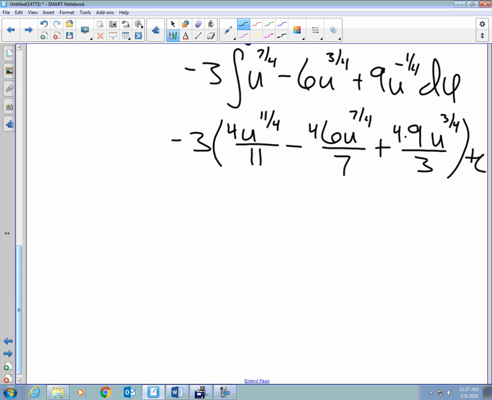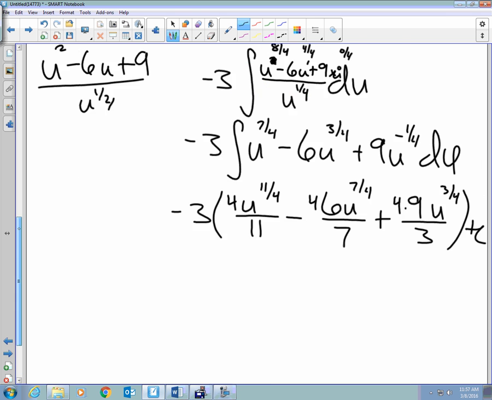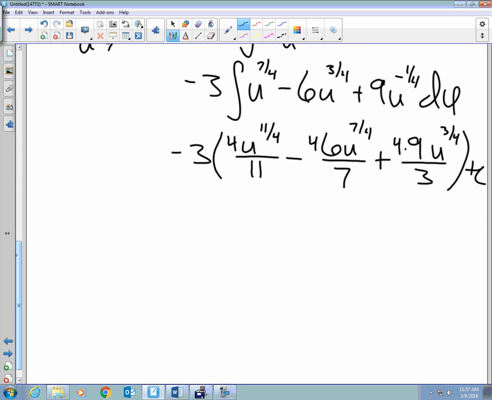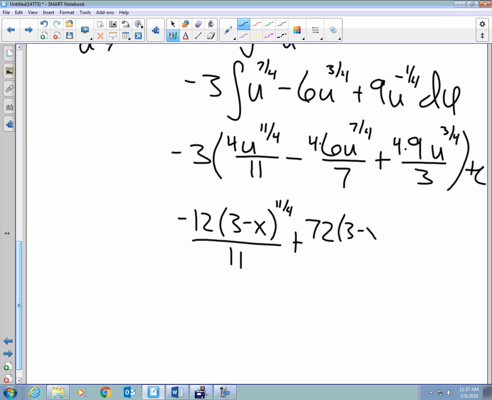Now all I gotta do is multiply through by my negative 3 and plug in my u value. And it looks like u is 3 minus x. So I have negative 12 times 3 minus x to the 11/4 power over 11. Plus, let's see, 4 times 6 is 24, times 3 is 72. 72 times 3 minus x to the 7/4 over 7. Be a minus. The 3's will cancel, so I get 36 times 3 minus x to the 3/4, plus a constant.